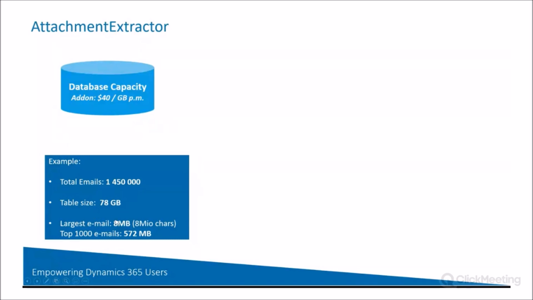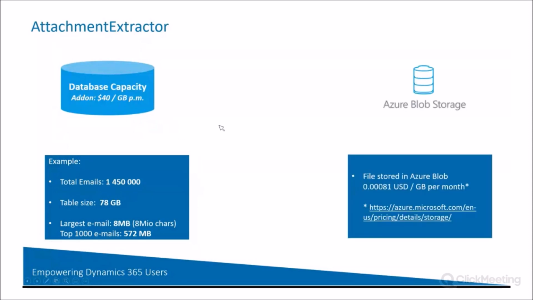The largest email in there was 8 megabytes, an email that had been forwarded and replied to, with people adding images and things of that nature. It's a really large email, and the top 1,000 emails equal 572 megabytes. Knowing that, you can see that they went over capacity really, really quickly. It got really expensive.